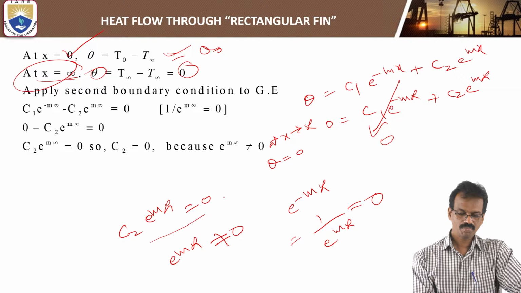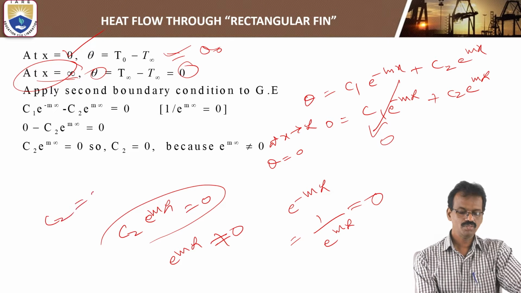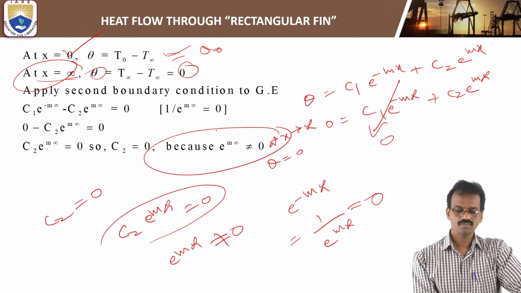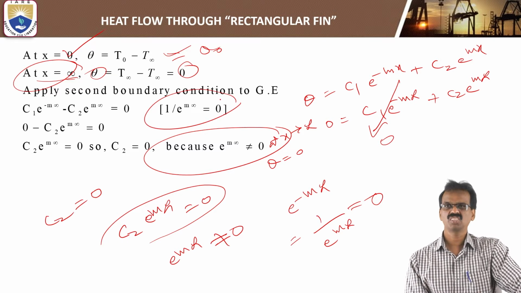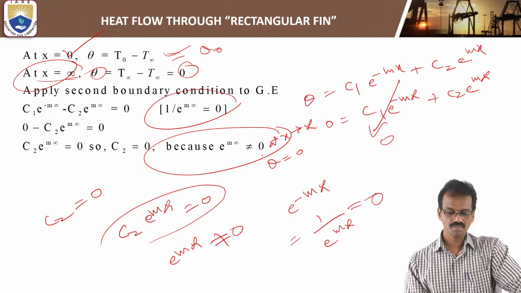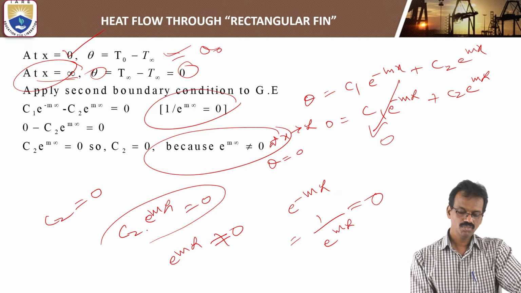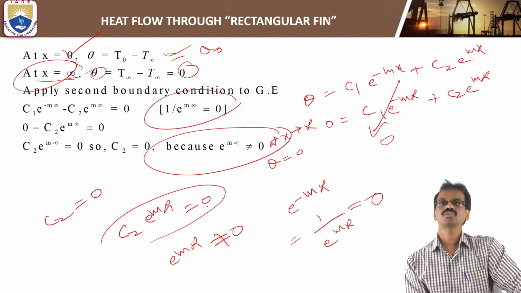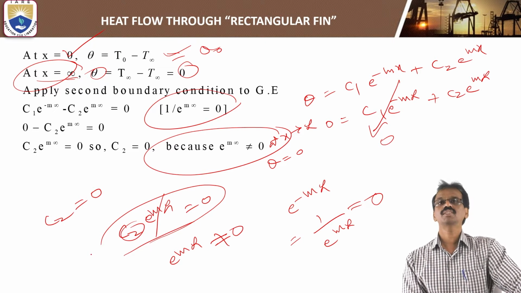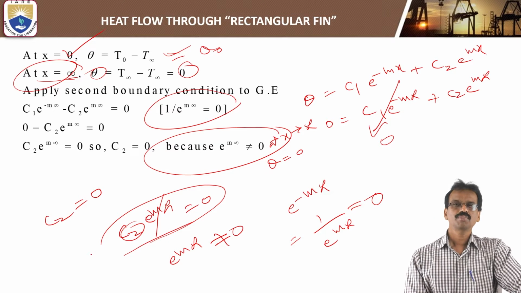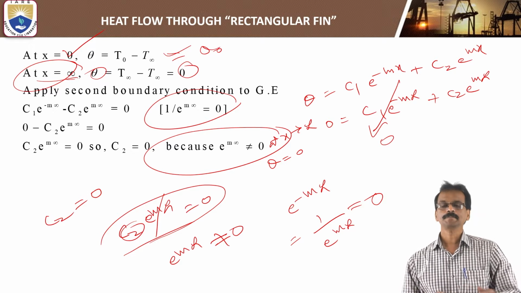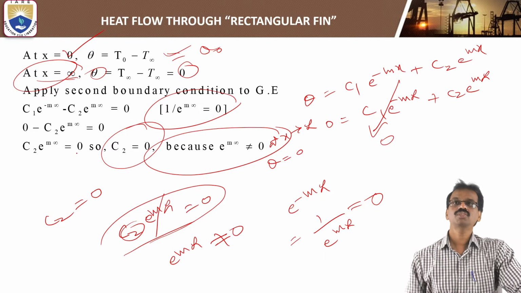It is some term. So based upon this condition, only C2 is equal to 0. So from the second boundary condition, the C2 value is equal to 0.